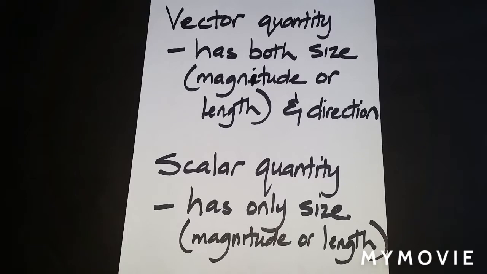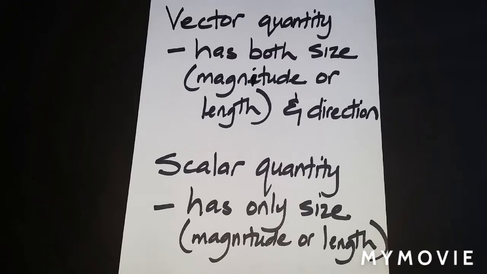So just to give a rough idea, a vector statement would be, for example, Kingston College is northwest of the National Stadium, at a distance of maybe about 1 kilometer. So that's a rough example of a vector statement. Kingston College is northwest of the National Stadium at a distance of 1 kilometer.